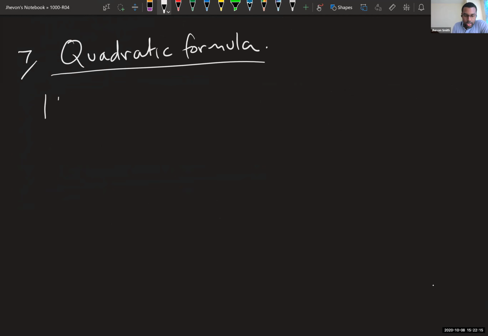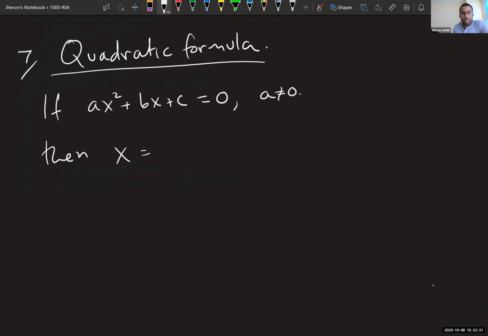So this says if ax squared plus bx plus c equals 0, and of course your a is not 0, because otherwise it's not a quadratic, then x is equal to, what's the quadratic formula? Negative b plus or minus the square root of b squared minus 4ac, all of that over 2a.